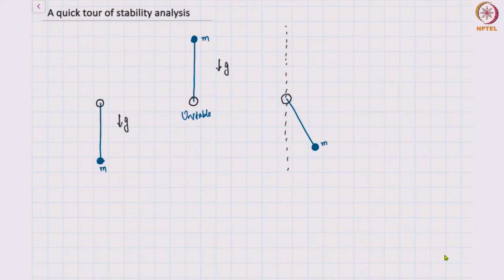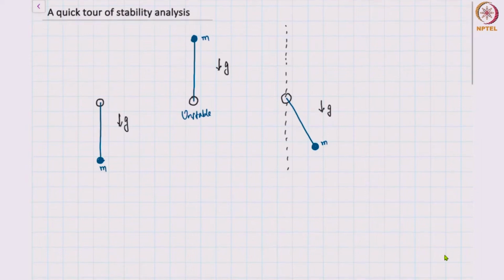If I release a mass from that location, it would basically swing towards the vertical axis. But then if there's no friction, no loss of energy, because of, let's say, even air drag, then this pendulum would actually not stop at its vertical position, but continue to oscillate forever, right?